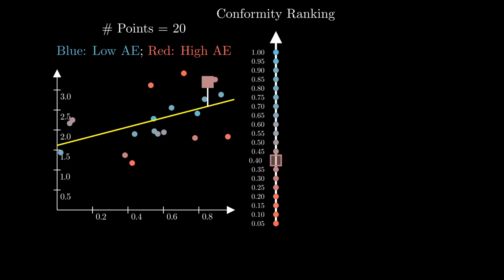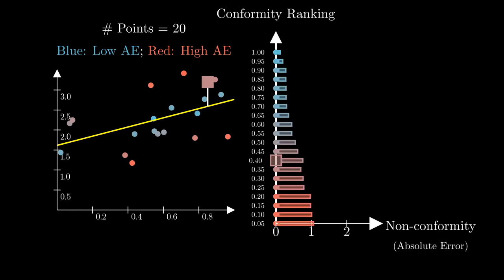I emphasize that our ladder shows the ranking of points in the sorted non-conformity array and not the non-conformity values themselves. To have access to those values, let's attach to our ladder a horizontal axis showing the non-conformity of each point, that is, its absolute error.